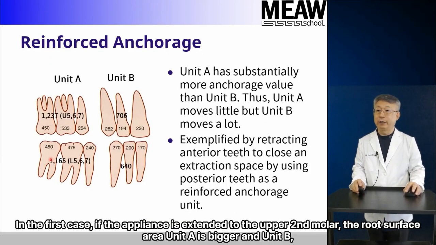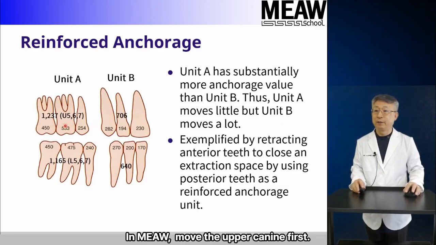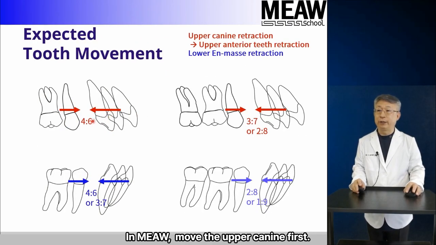In the first case, if the appliance is extended to the upper second molar, the root surface area unit A is bigger than unit B, so it is less likely for the posterior teeth to incline forward.